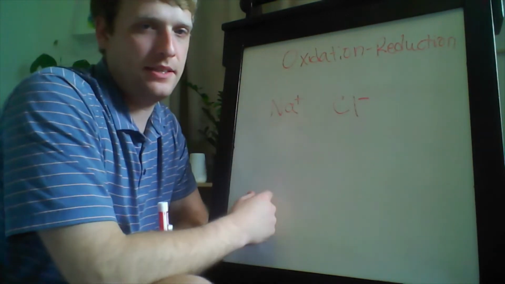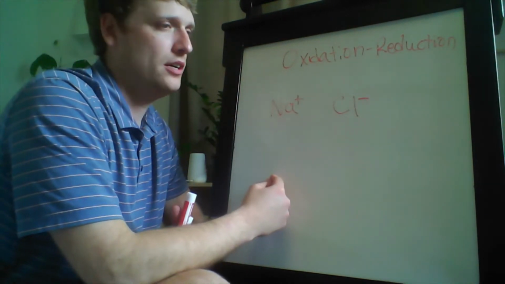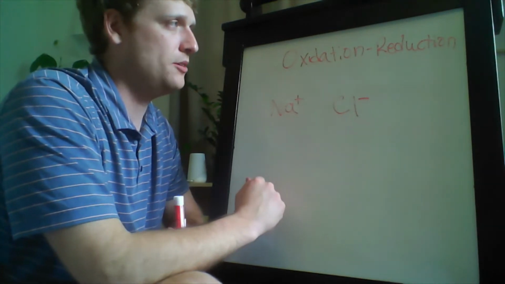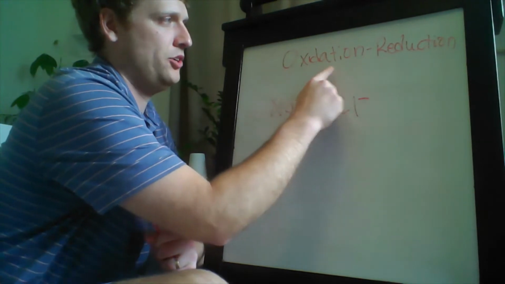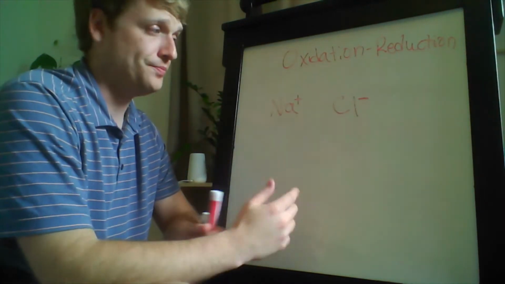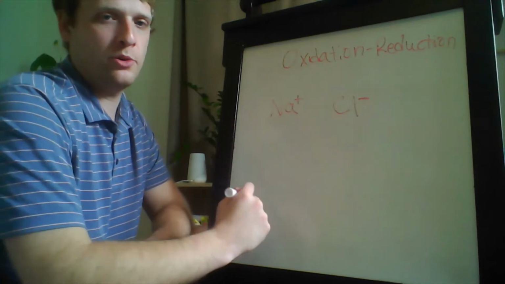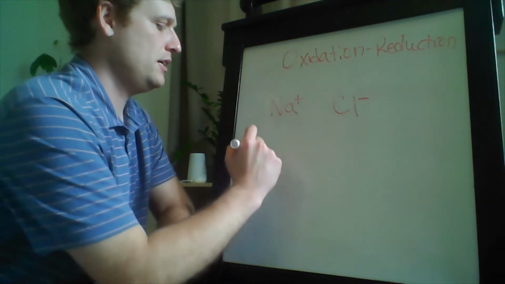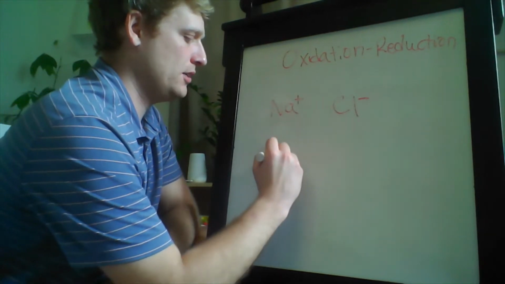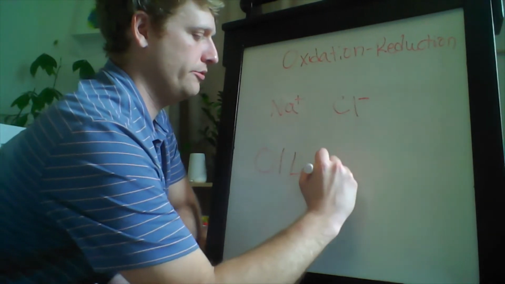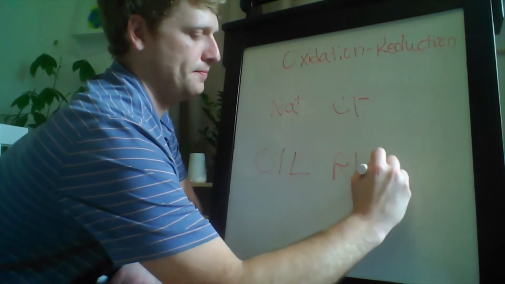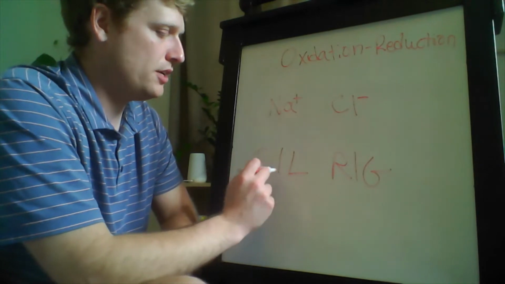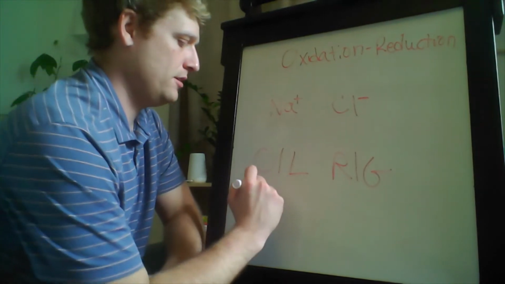And one substance in that oxidation-reduction reaction is going to be oxidized, and another substance is going to be reduced. Oxidation-reduction. So a way that you can remember which substance is being oxidized and which one is being reduced is through this mnemonic called OIL RIG. What OIL RIG stands for is that oxidation is loss of electrons.